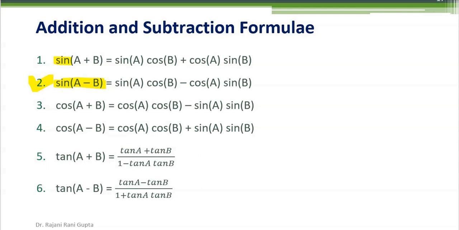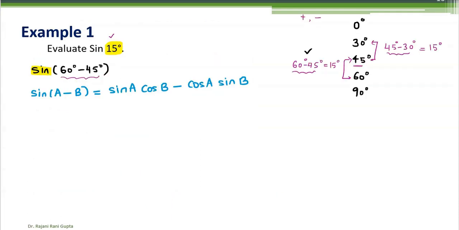Let's write down this rule. This rule says that sine (A minus B) is equal to sine A cos B minus cos A sine B. When we write it like sine A cos B, it means there is multiplication in between. Similarly, cos A multiplied by sine B. If you compare these two, what can you see here? In place of angle A, you have 60 degree.